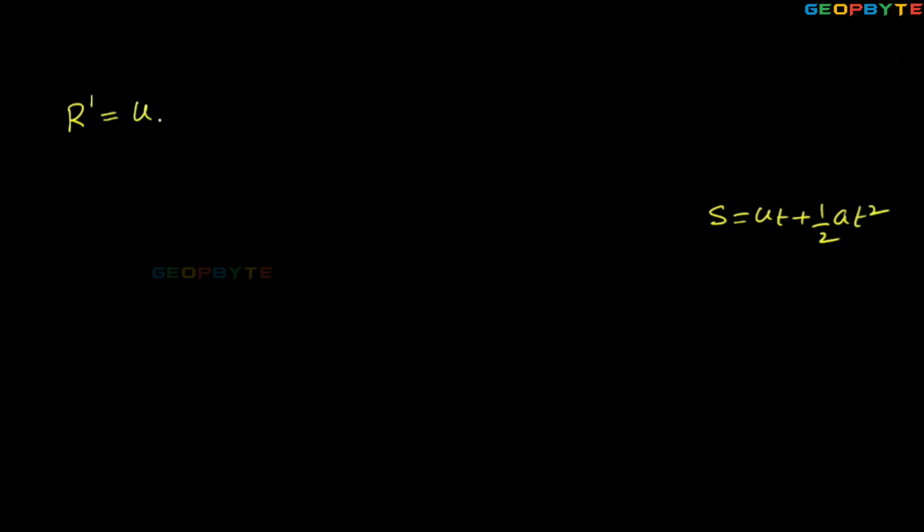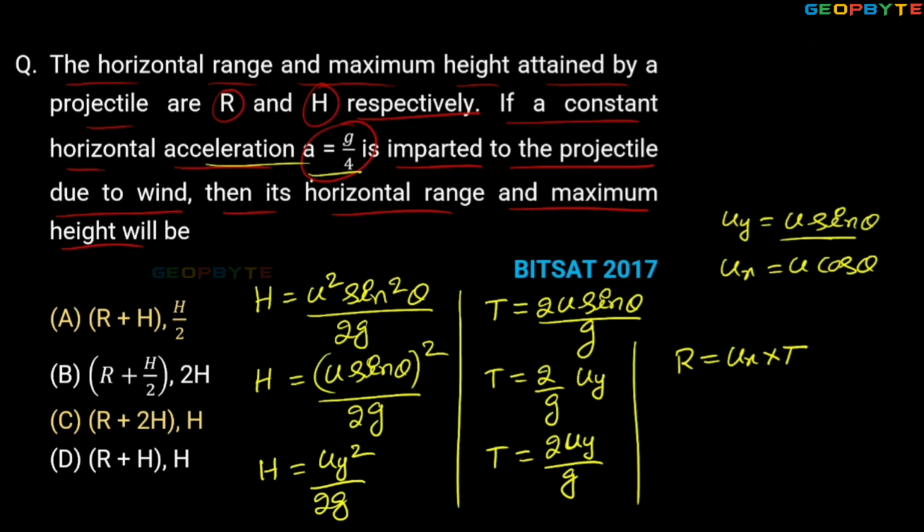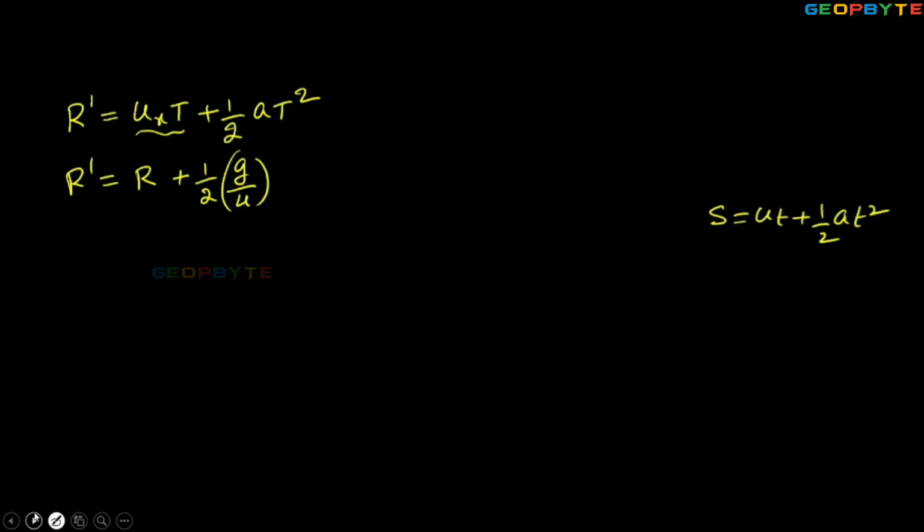Here u I should take as horizontal component of velocity multiplied by time of flight plus half into a into t square. R dash equal to ux into t, equal to R only, plus half into a, which is given g by 4, that is given clearly. A is given g by 4, g by 4 into t square.